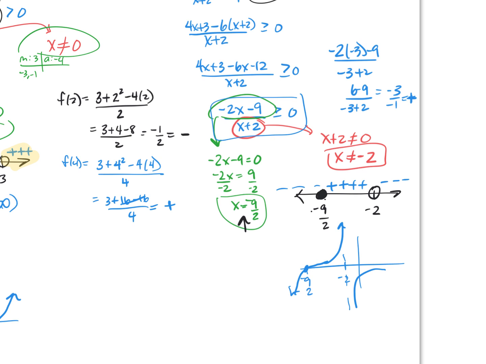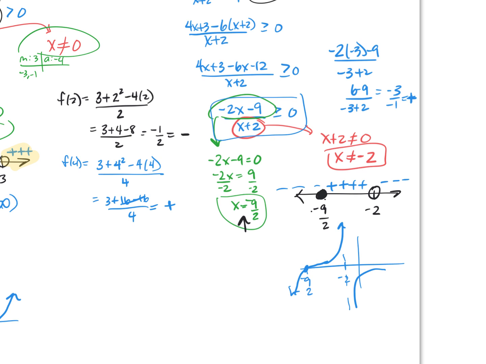So let's look at it in the calculator to double check ourselves. See if I can type it in correctly this time. Negative 2x minus 9 over x plus 2.